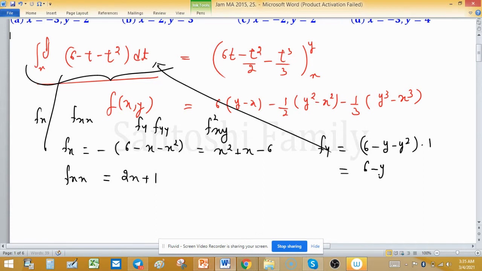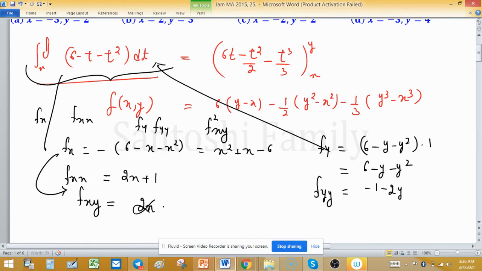So fy is 6 minus y square, and fyy will be minus 1 minus 2y. As fx is known to us, fxy will be 0, because we need to differentiate this with respect to y.